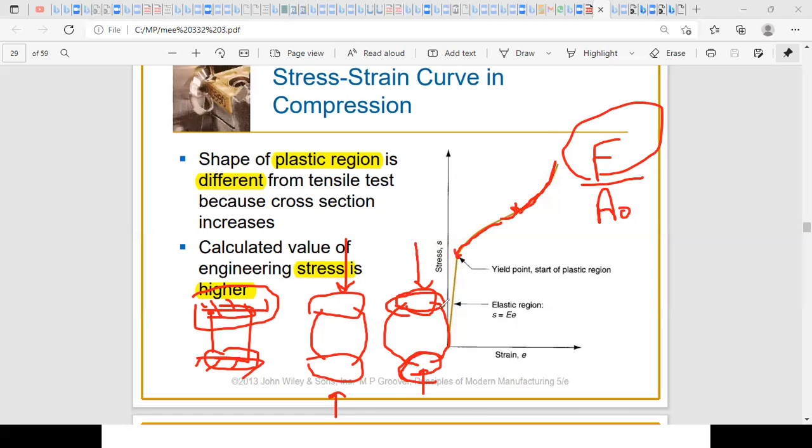While for the first region, when you go from elastic to plastic, we know that in the plastic region, it's easier to deform.